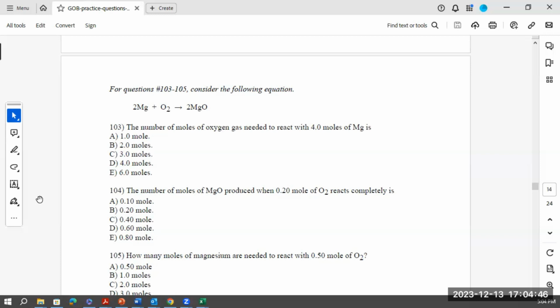The number of moles of oxygen needed to react with 4.0 moles of magnesium is: A, 1; B, 2; C, 3; D, 4; E, 6.